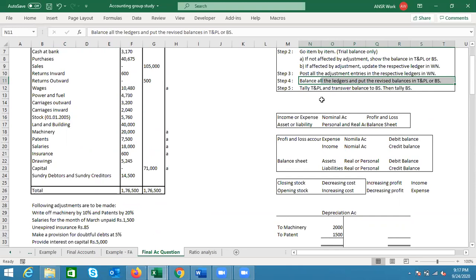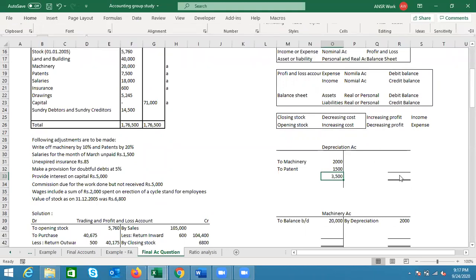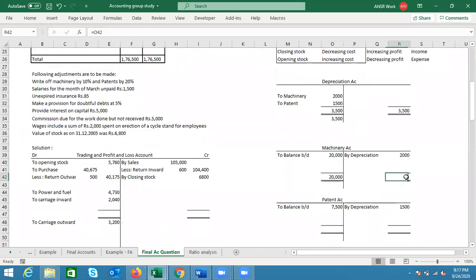Now, let me very quickly ask you guys, while I'm balancing everything, what are the steps in balancing? Can somebody repeat? We find out the maximum side's total and put that total on both sides, and then balance brought down and carried down.